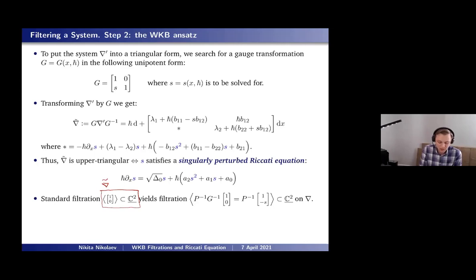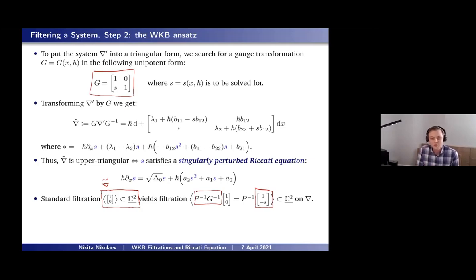So that means I need to apply the 2 gauge transformations that I've used, P and G, and go back. And so G being this very simple lower triangular form, I've already multiplied G inverse by the vector 1, 0. The reason I did that is I want to make a note that if I do manage to find such a gauge transformation G, this of course gives me a filtration. I just constructed it for you.